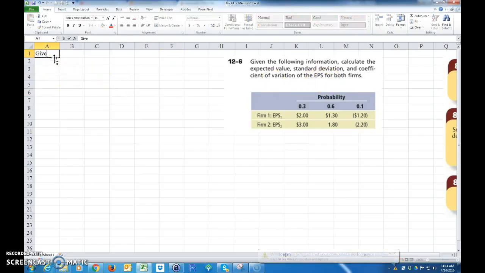So I'm going to go given, and we'll just go ahead and duplicate this table.